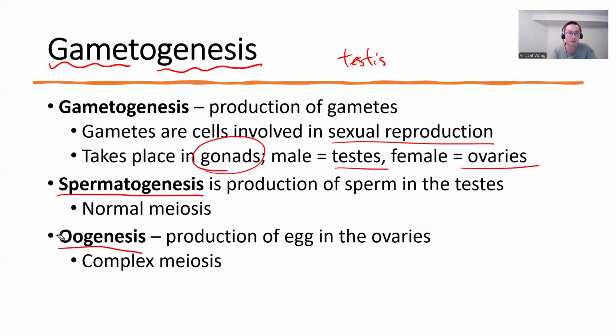This is not a typo, it's actually double O, because the egg is called ovum, okay? I don't know exactly why it's double O, but it is. So spermatogenesis is production of sperm, which is normal meiosis. Oogenesis is the production of eggs in the ovaries, and that is complex meiosis. And I'll tell you why.